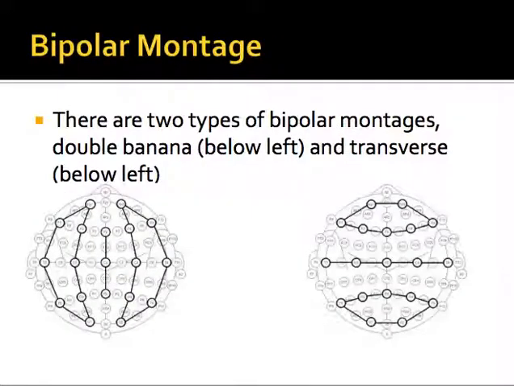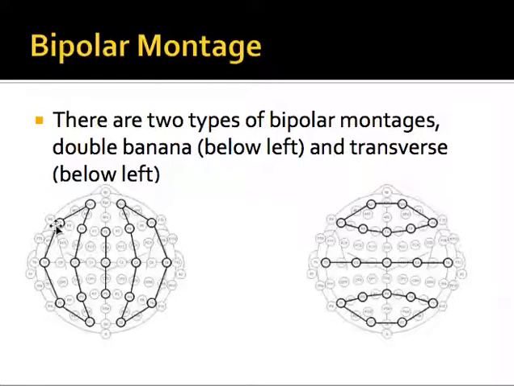Here are two types of bipolar montages. Here on the left is what's referred to as the double banana, for obvious reasons. If you look at this electrode location, what's actually going into the amplifier is the differential measurement between this electrode and this electrode, and between this electrode and this electrode. So you're not measuring the potential between this electrode, which is FP1, and some reference point. You're measuring the difference between FP1 and F7.